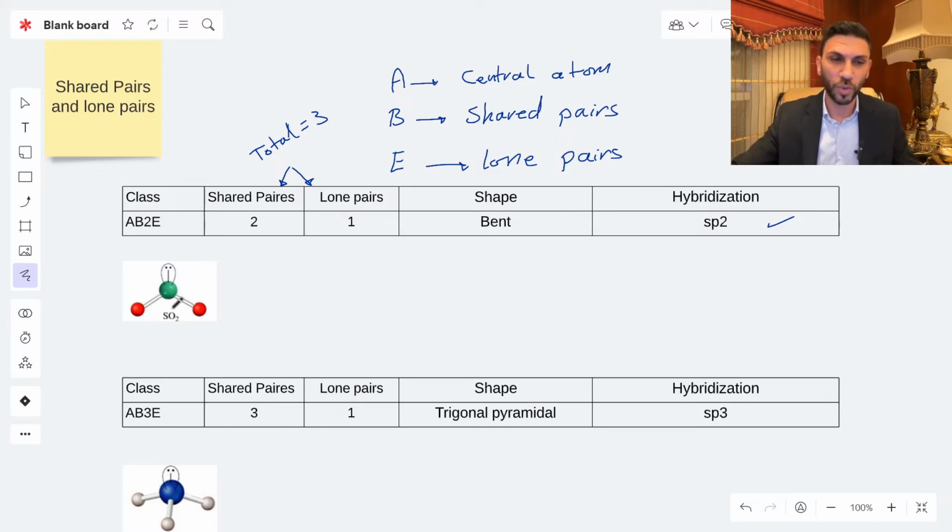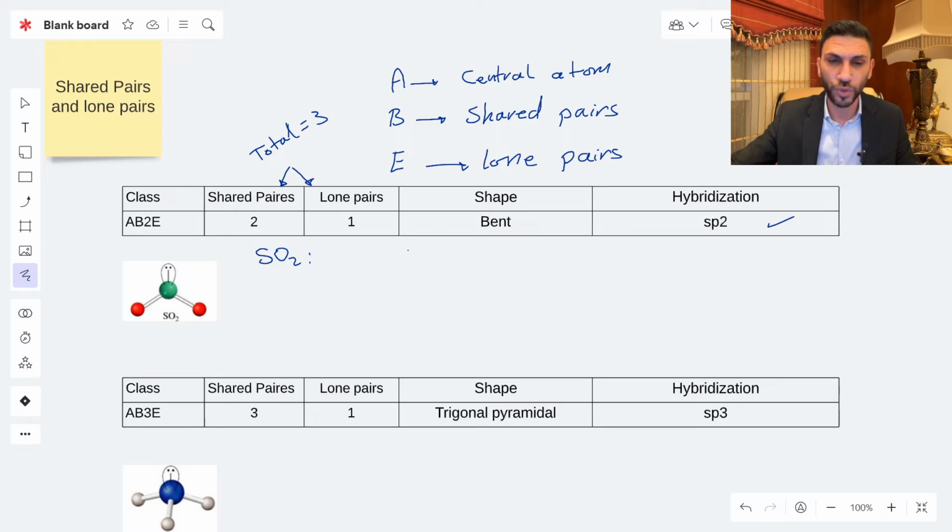Let's check how we solve this example. If in the exam they ask you to predict the shape of SO2, how can we do it? The first step, we need to decide which one is the central atom. The central atom is S, because the oxygens here are terminal atoms.